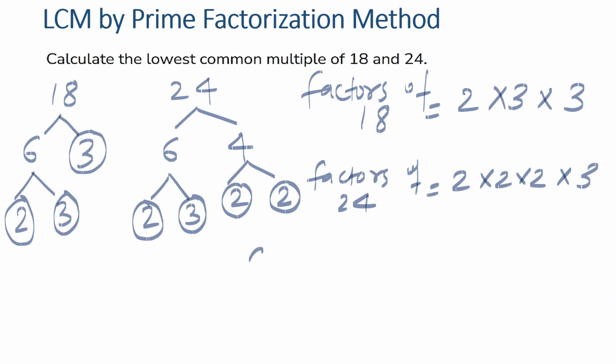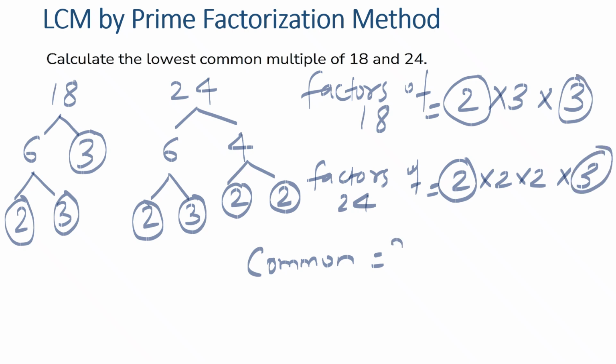Okay. Now you will write the common of both. First you'll write the common of both: 2, 3. So it's 2 into 3. Okay. And then after this you will write the uncommon ones. Uncommons are 3 and 2 times 2. So I am writing it this way.